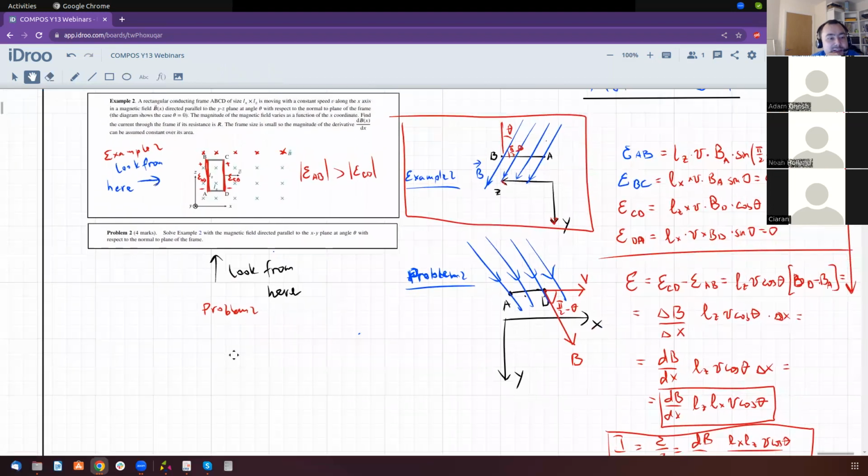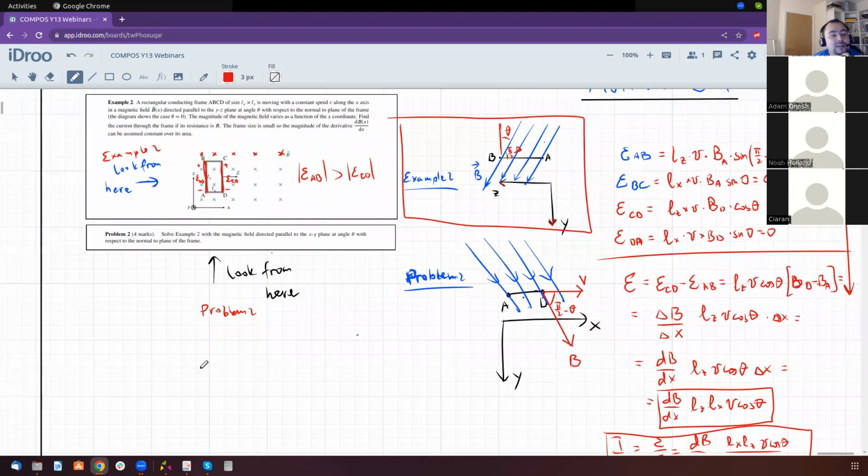The flux going at problem 2 is B times the area multiplied by the cosine theta. Okay.